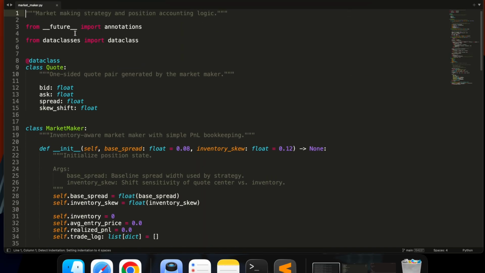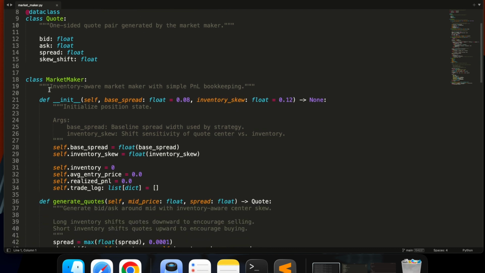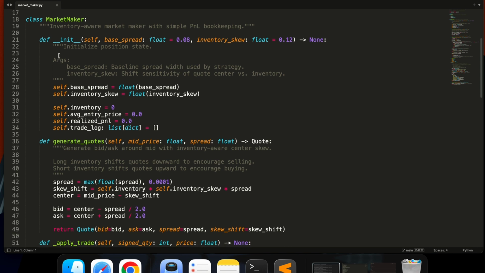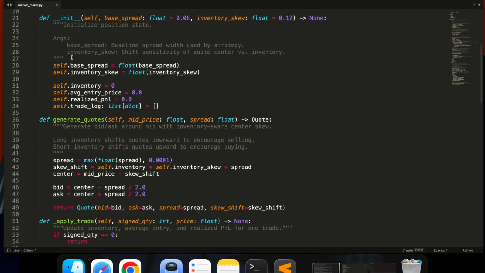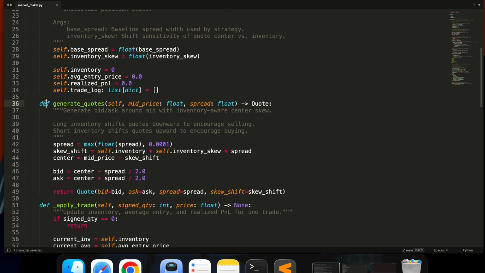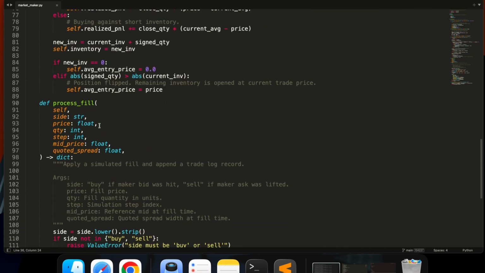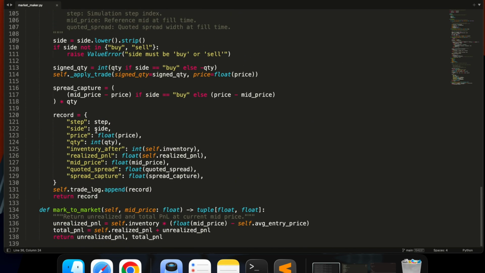So we are importing annotations from this library, and we are importing dataclass from the dataclasses library, and also we have this class set up here of MarketMaker. And first, what we do is that we initialize the base spread, the inventory skew, and all those things. And this function is for generating quotes. So I'm giving you a general or rough idea of how the code is working behind the scenes.